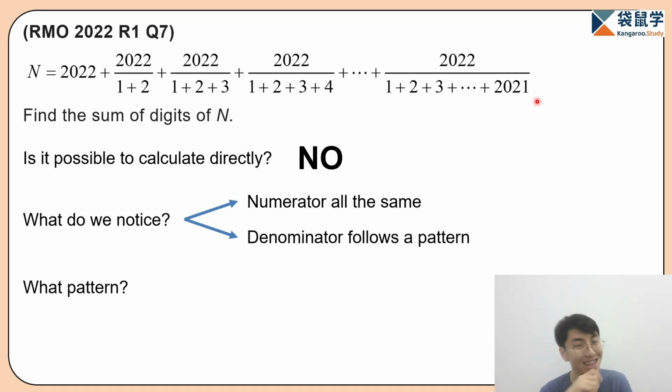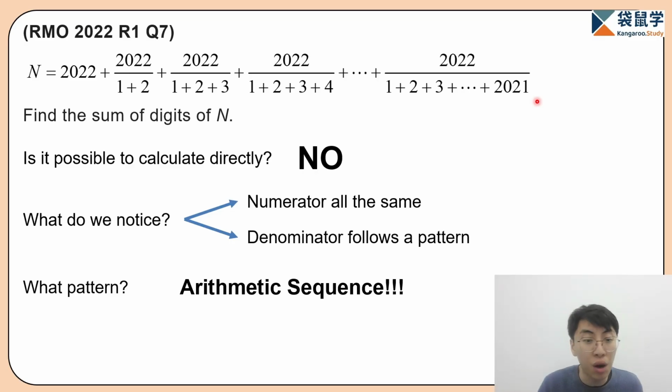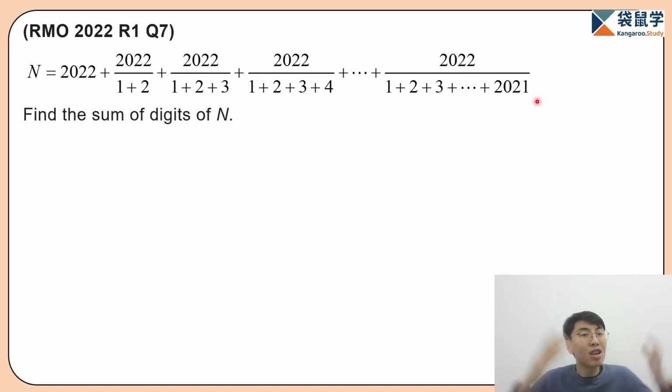For those of you who have been following my videos, you realize that this is known as an arithmetic sequence. All of the denominators are in the form of an arithmetic sequence: 1 plus 2, 1 plus 2 plus 3, 1 plus 2 plus 3 plus 4, and so on. So now we know that there's an arithmetic sequence.